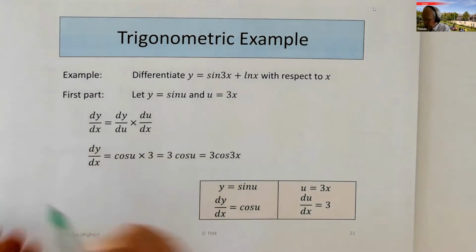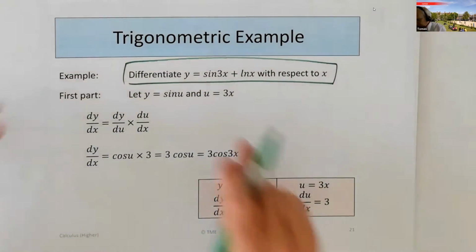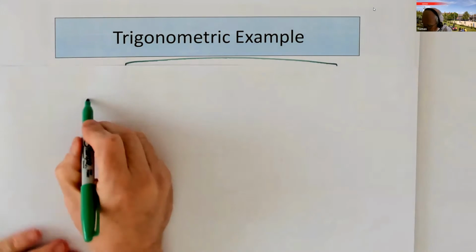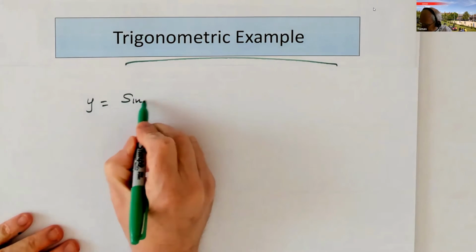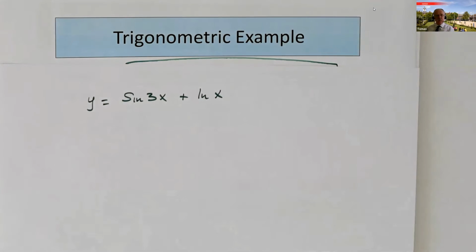Here we've got a differential question. And we say differentiate y is equal to sine 3x plus log x. Y is equal to sine 3x plus natural log of x. How do you do that?